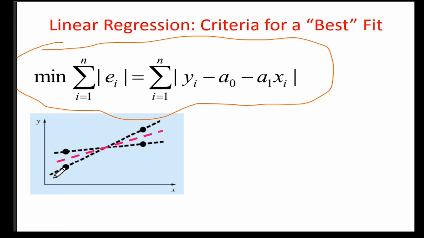So kalau kita sambungkan di titik 2 ni, mana-mana garis regression line yang berada di antara dua-dua ni, katakan kita ada yang warna merah ni, this line will give us the best fit. So kalau dia slope lagi rendah ke lagi tinggi ke, dia still akan berikan kita nilai absolute minimum error yang rendah.